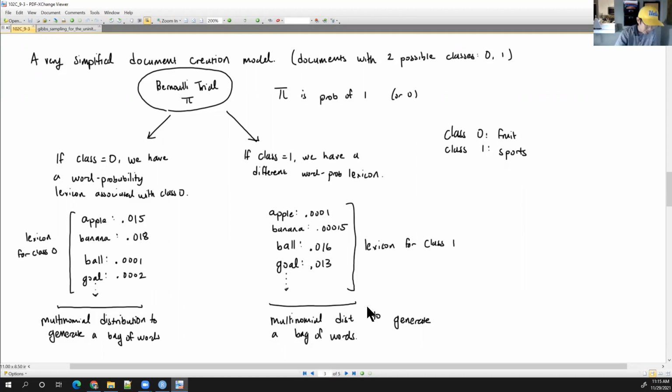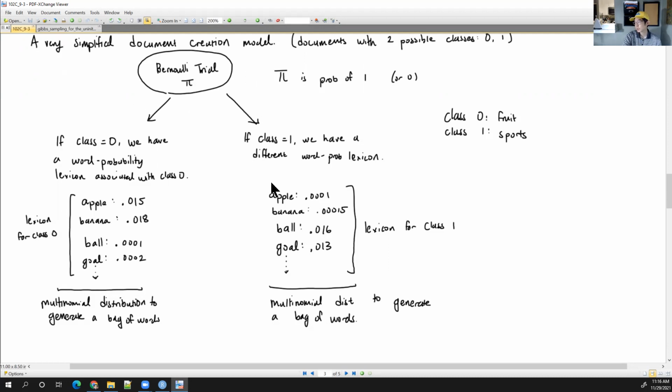The idea here is you have some kind of Bernoulli trial in the beginning where pi is going to be the probability of getting, say, class 1 or class 0. And just for simplicity, we're going to say class 0, the document is about fruit, and class 1, the document is about sports.